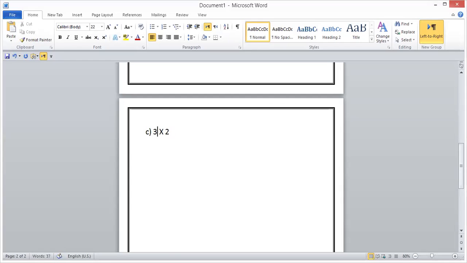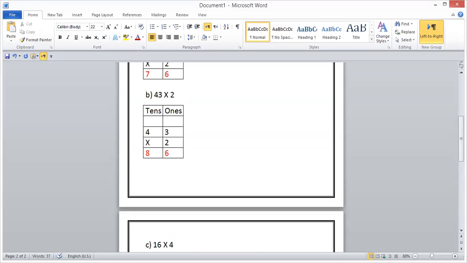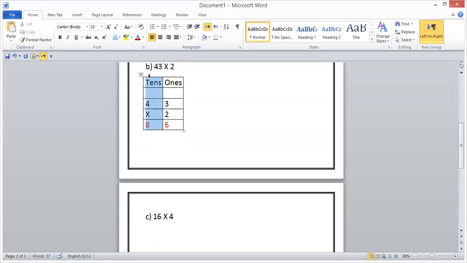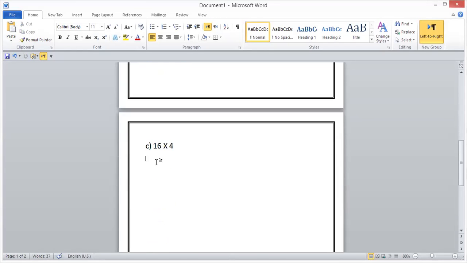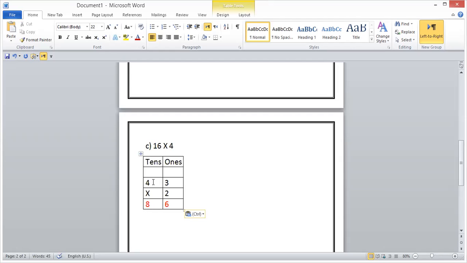C is 16 multiplied by 4. This is 16 multiplied by 4. 6 multiplied by 4.